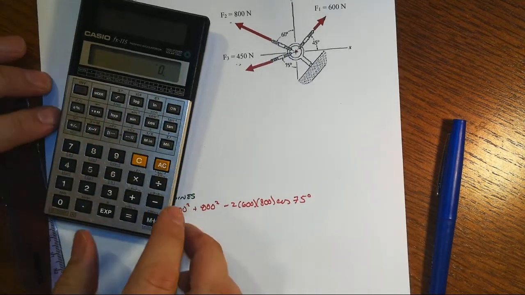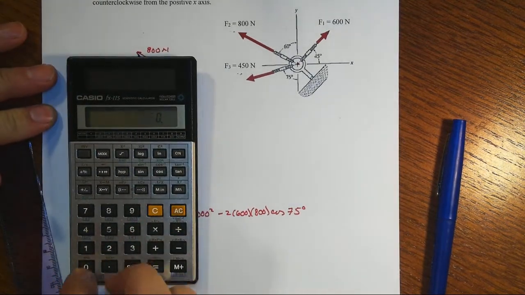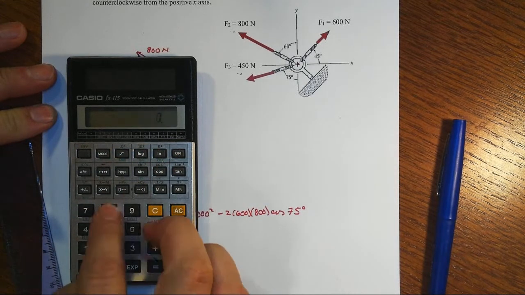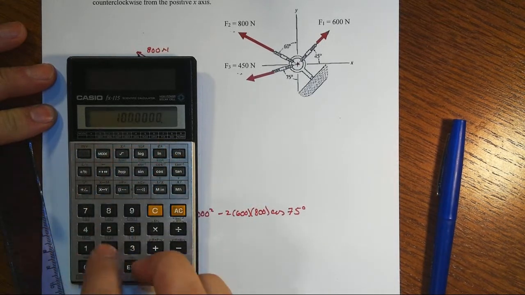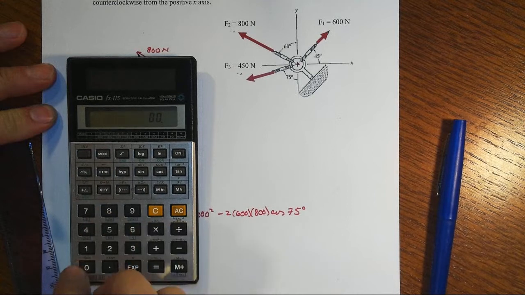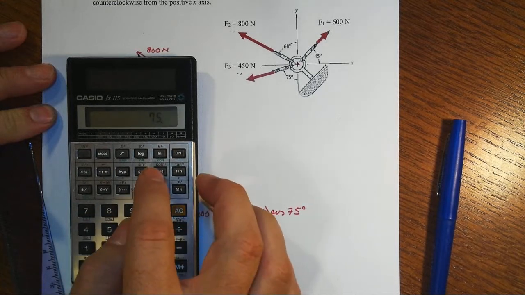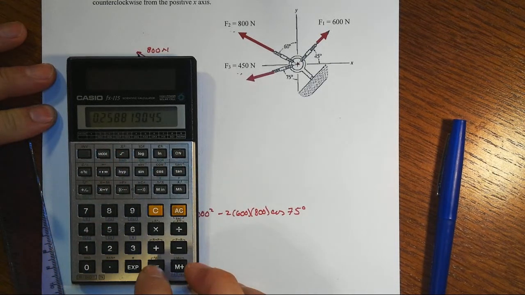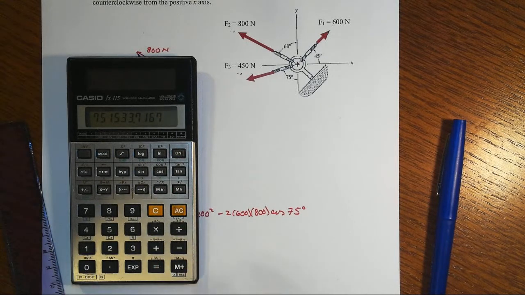Let's work it out, see what we get here. 600 squared plus 800 squared minus 2 times 600 times 800 times cosine 75. I am in degrees, so that's good.